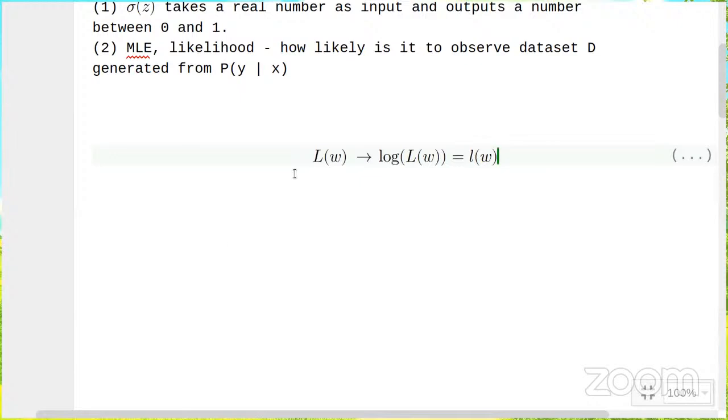If I want to maximize likelihood, it's the same as maximizing the log of likelihood, which is the same as minimizing the negative log of likelihood.